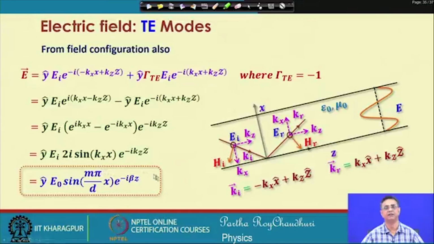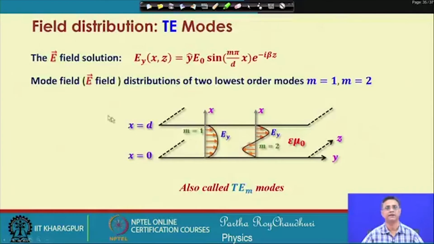So, we can again arrive at the same expression for the electric field, E y equal to E 0 sin m pi x by d. So, they are very consistent, and this is a very good way of understanding how the electric fields are oriented in the structure, particularly in the case of this metallic boundary condition.